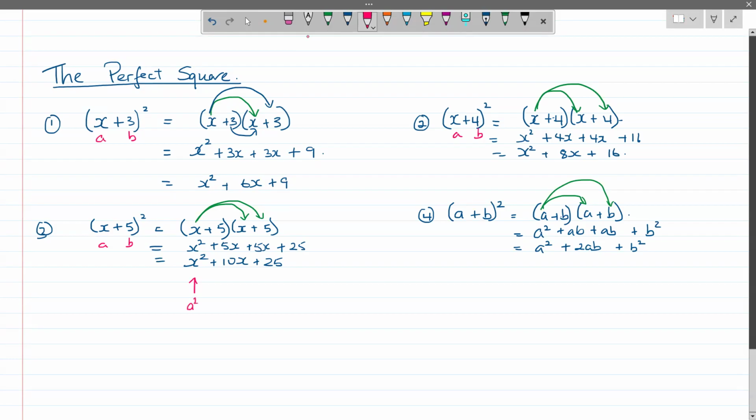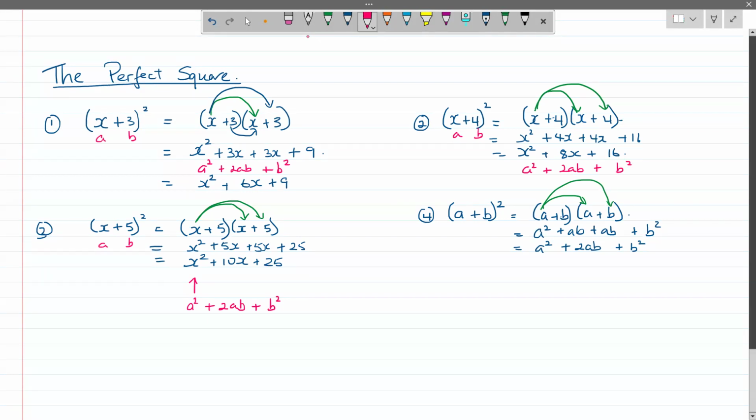This is A squared. This is 2 by A by B. And this is B squared on this side. Watch again. A squared plus 2 by A by B plus B squared.